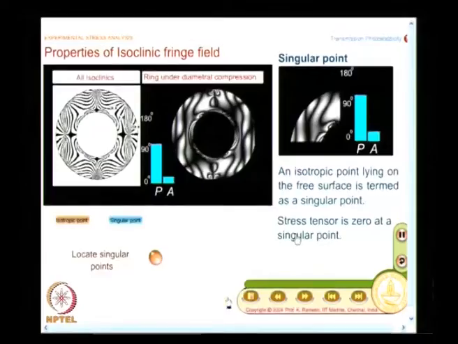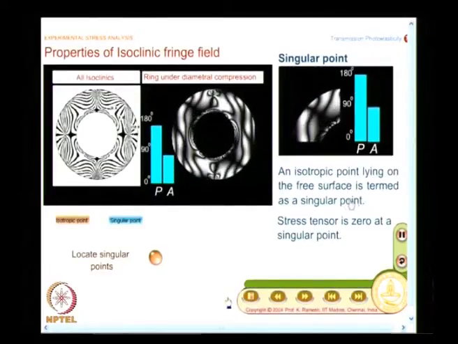The students will have a confusion when I say zeroth fringe order, everything is 0. This is one wrong conclusion you can think of. It only implies sigma 1 equal to sigma 2. Suppose I have a zeroth fringe order on a free boundary, the stress tensor is also 0, and that is indicated by a singular point.